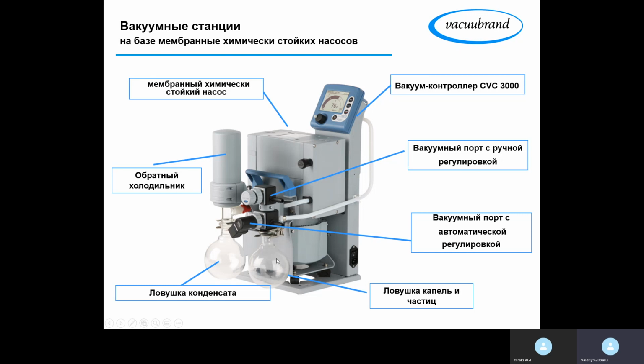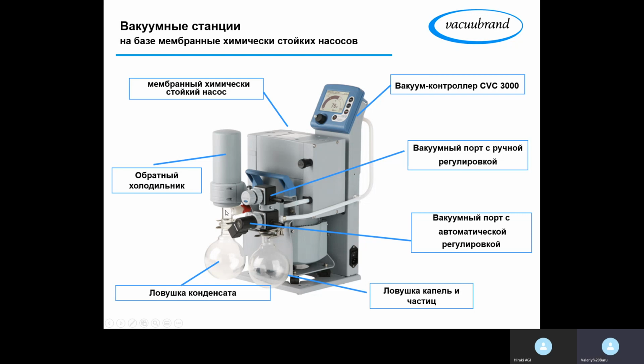Because the vacuum chamber is manufactured from PTFE, from Teflon. And as you know, Teflon is a pretty soft material, and it can be easily damaged. Once it is damaged, you will have to replace the membrane, at least the membrane of the vacuum valve. And here we have the outlet of the pump.